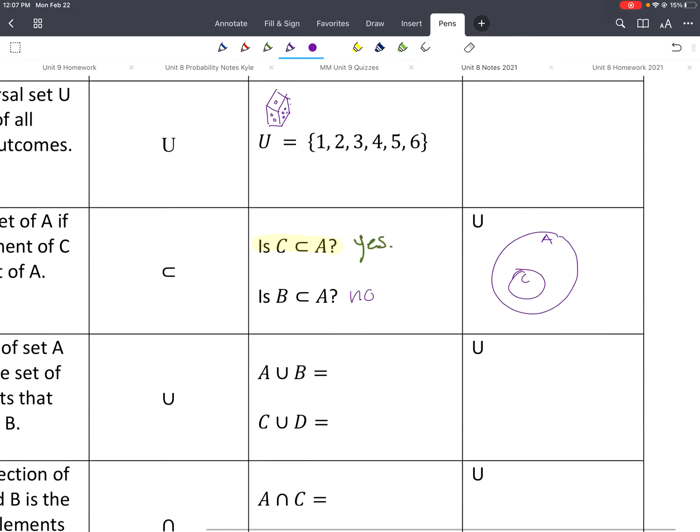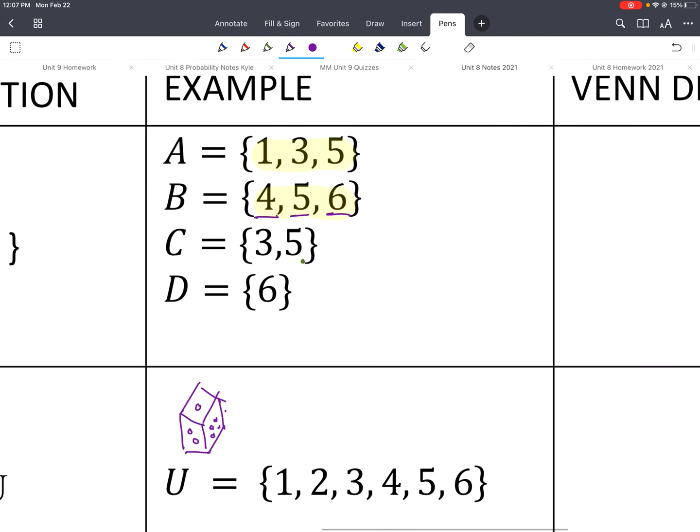So A union B. I already have those highlighted. If we did A union B, which means that we would bring all of them together, we would have 1, 3, 4, 5, and 6. And we wouldn't double count. We have 5s from both of them, but we wouldn't double count it. Okay?